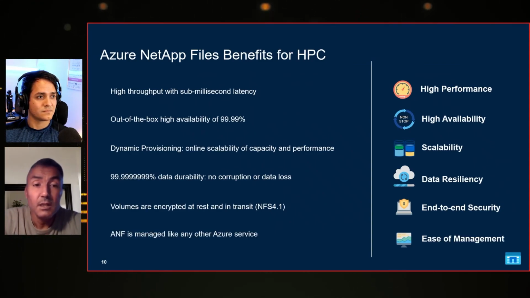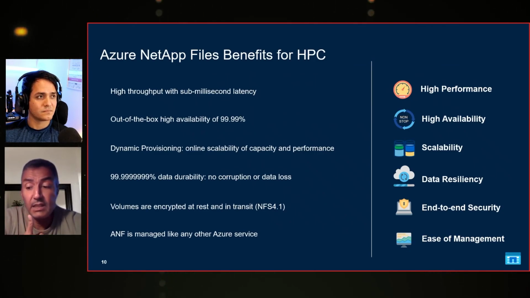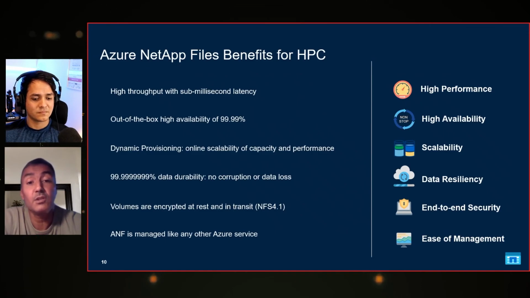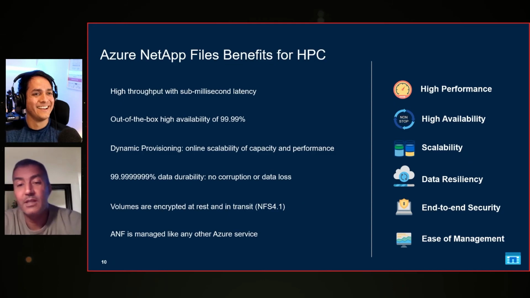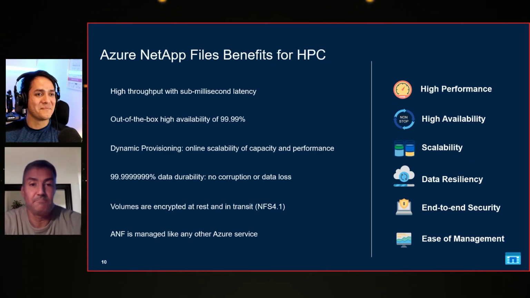And finally, ease of management. You can manage Azure NetApp Files like any other Azure service through the Microsoft Azure portal or through automation scripts, and you don't need to be a storage expert to provision it. So all your expertise in ONTAP, you don't need it here. No, not at all.